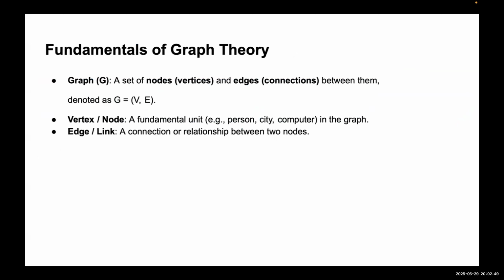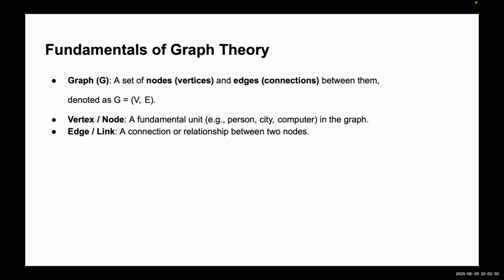with what is a graph. I know most of you have studied this, but just to refresh: what is a graph? It is a set of nodes and edges, or vertices and connections, and the edges are between the nodes. It is denoted as a tuple of vertices and edges. The vertices will be a set, and the edges will be a set of tuples in which the elements of the tuple will be like vertex i to vertex j.